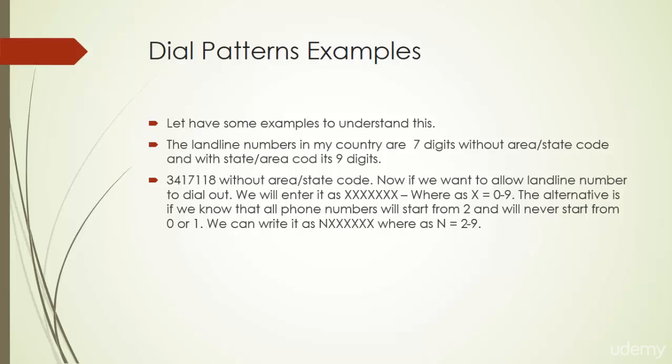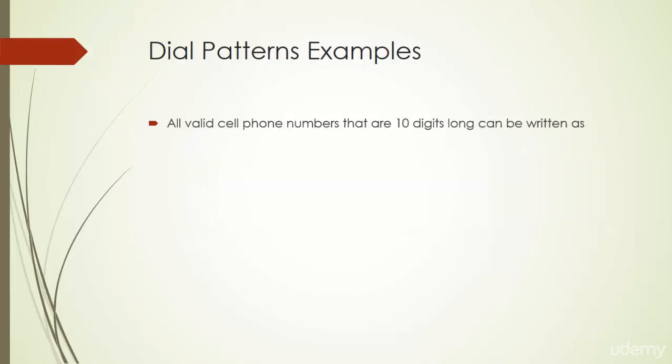The starting digit is N, which can be from 2 to 9. Then the rest of the 6 digits we don't know, maybe 0 or 1, so that's why we added the X's.